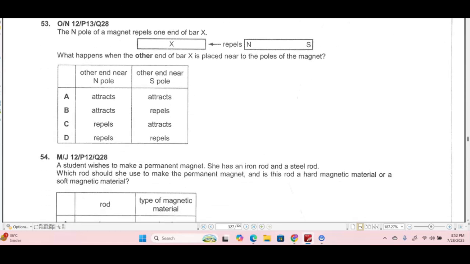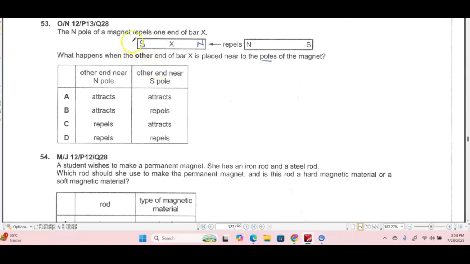Question number 53. The north pole of a magnet repels one end of bar X. What happens to the other end of bar X near to the poles of the magnet? If the north pole of the magnet repels one end of the bar, over here this is going to be north and over here it's going to be south.